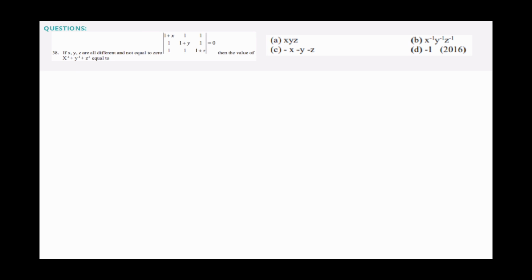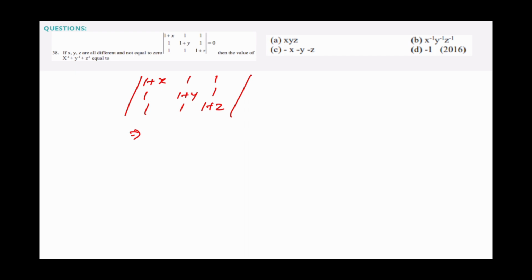Now let's see what we can do in this. So we have here 1 plus x, 1, 1; 1, 1 plus y, 1; 1, 1, 1 plus z. Correct. Now what we can do? Any idea? So we can divide everything. We can do option checking also.